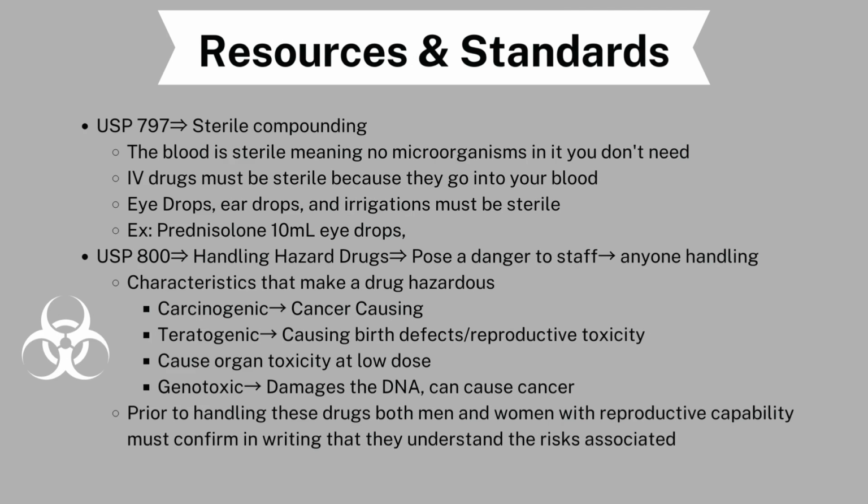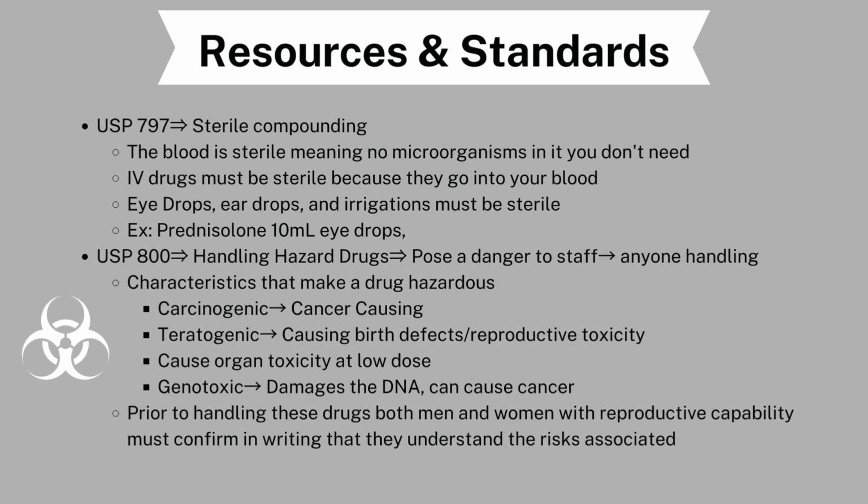Next, we have USP 797, which is the section on sterile compounding. The blood is sterile, meaning we do not want any microorganisms in there. That would be very bad. So we need to follow this section for sterile compounding, to make sure there's nothing in our blood. IV drugs, most of the time, go directly into our bloodstream, so we need them to be sterile.